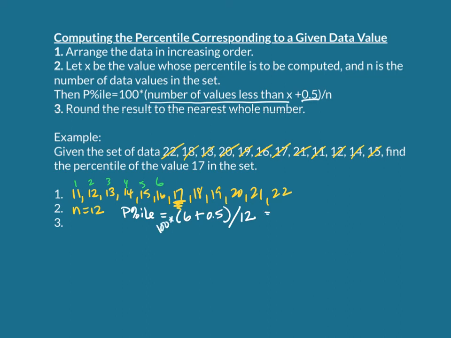So this is going to be 100 times 6.5 divided by 12. That result is 54.16 repeating. And step 3 says all we have to do is round that to the nearest whole number. So here's the whole number part. We take a look at the digit 1 to the right. It's less than 5, so we just drop the decimal. And this is the 54th percentile. So 17 is the 54th percentile.